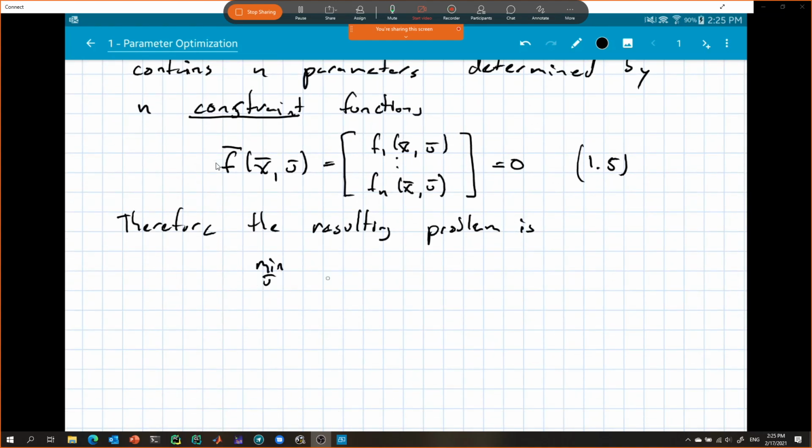Minimize J of x, u, subject to. So we minimize J with respect to u, subject to f of x, u equal to 0. And I'll call that whole thing 1.6. I'll reference it later.